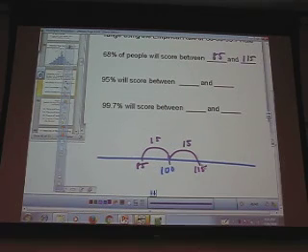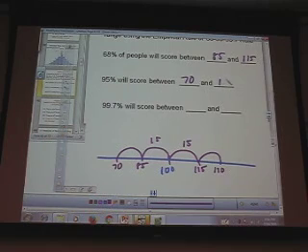We jump 2, it gets us to 130, 70. Right? Write these down. And then 3 standard deviations, 145 and 55.